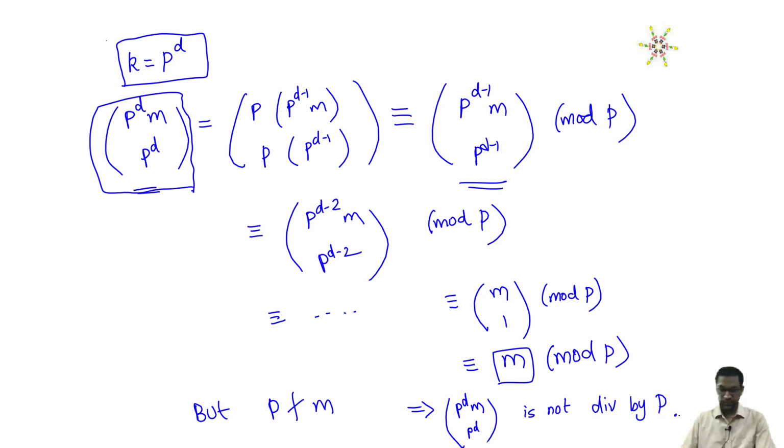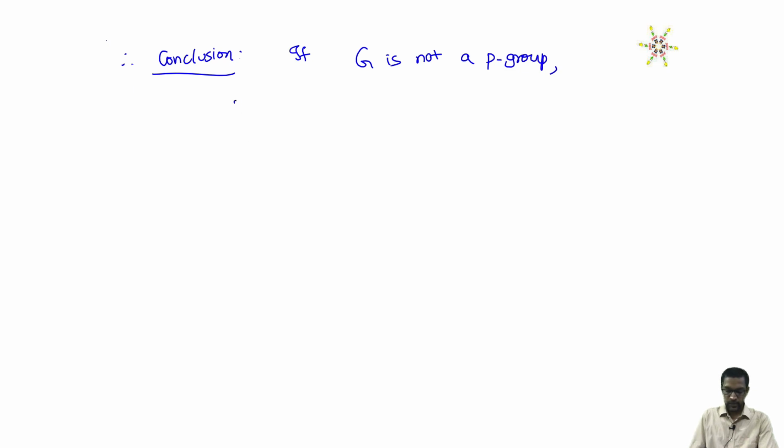Okay, so what have we done? We seem to have constructed a set on which this group G acts without fixed points. Therefore the final conclusion is the following: if G is not a p group, look at the set of subsets of G of cardinality exactly p power d.